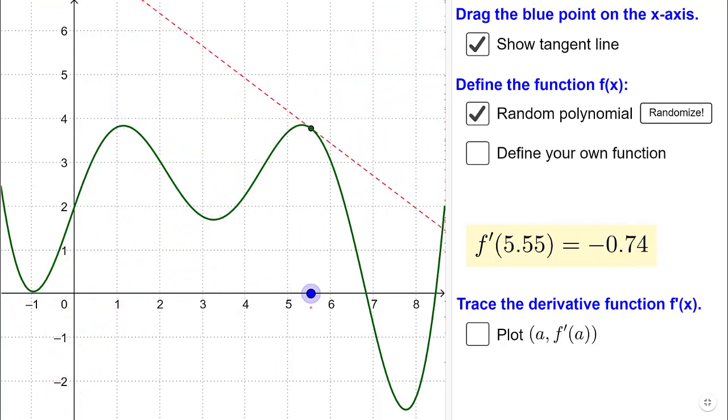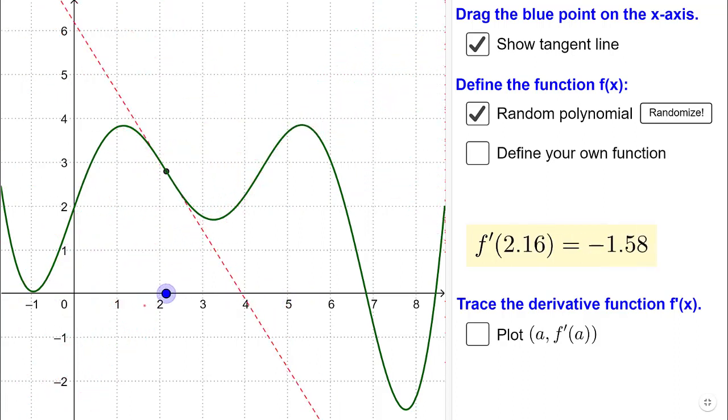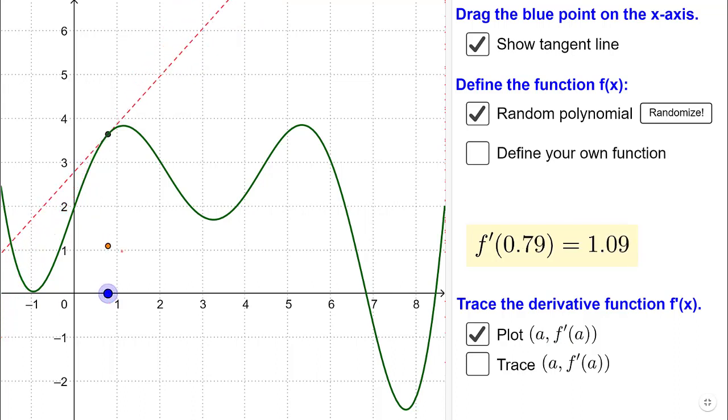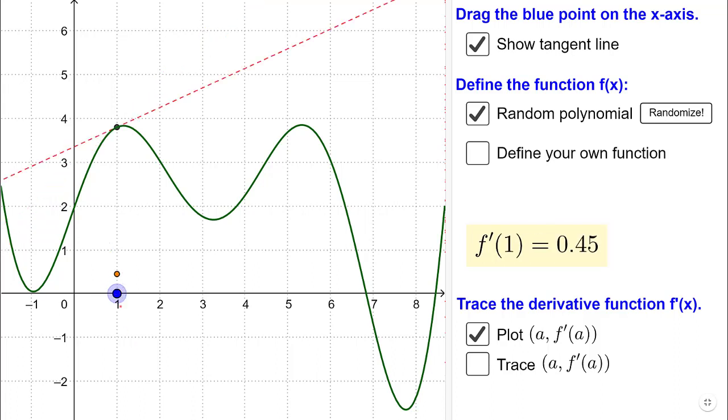Well, what if I actually plotted a comma f prime of a? Now you see an orange point in the plane, and as I move, the height of that point is the slope of the tangent line. So when x is 1, the slope of the tangent line is 0.45, and the value of the orange point is 0.45.